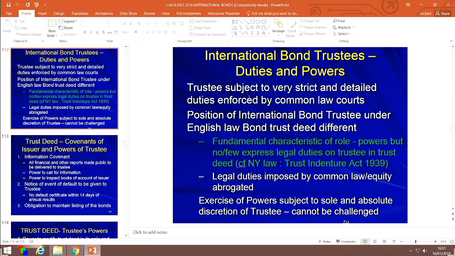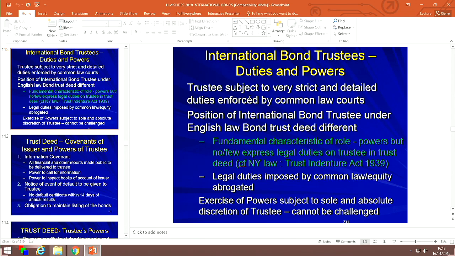Okay, the second important general point about a trust deed is that not only does a trustee function under a range of powers with few or no duties, in the exercise of the powers conferred upon the trustee, the trust deed confers sole and absolute discretion to the trustee in relation to the exercise of its powers.